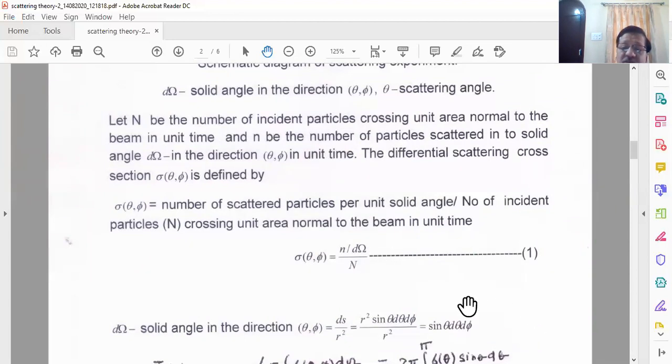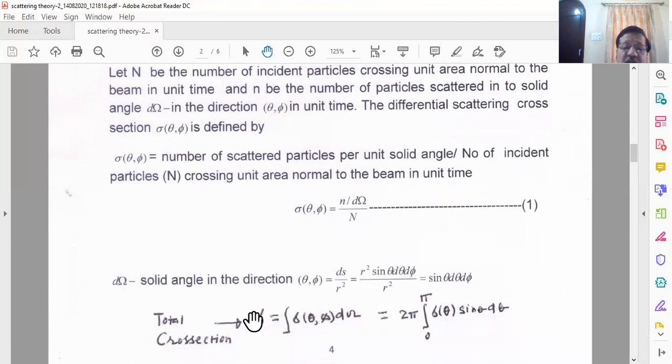Now, once you know this mechanism of the scattering, we have calculated the total solid angle. You have to integrate the differential solid angle over the entire solid angle, because d omega is the solid angle in which particles are scattered.